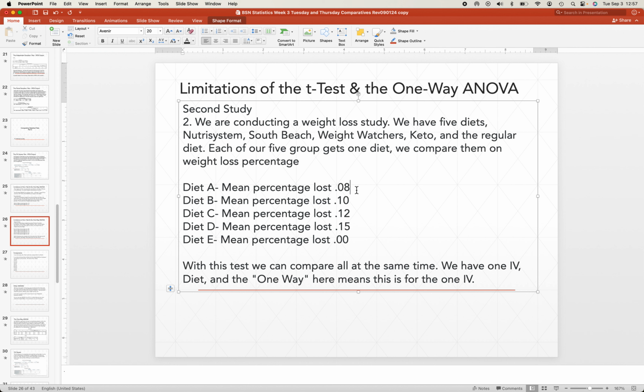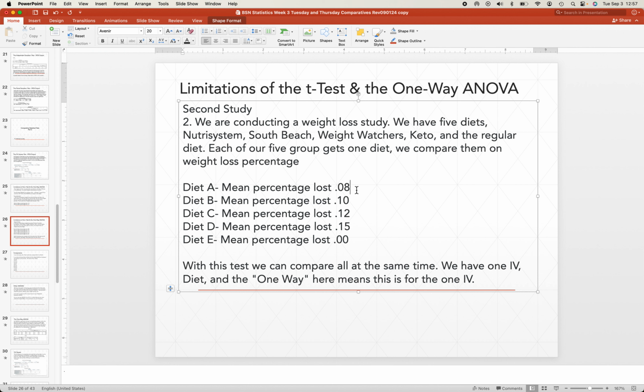They're all within their groups, and we go over and tell the people wearing the red shirt, okay, you guys are going to be on the Nutrisystem diet. And as I'm looking at that group of people wearing the red shirts, is there a variable? Is there a variable if they're all getting the Nutrisystem diet? I would suggest to you there is not. It's a constant. They're all getting that treatment.